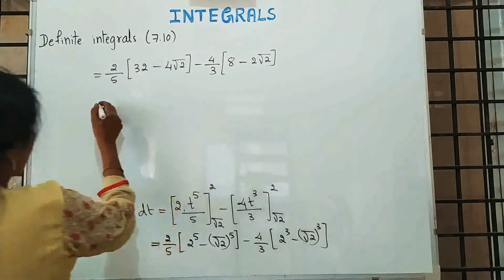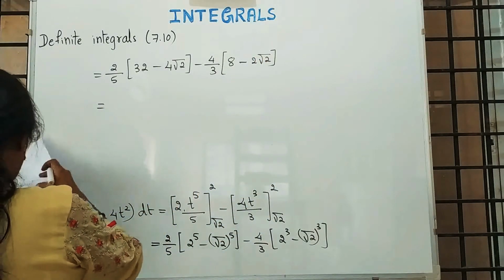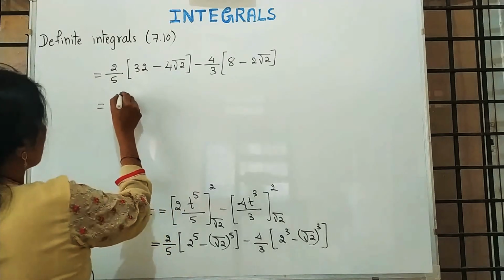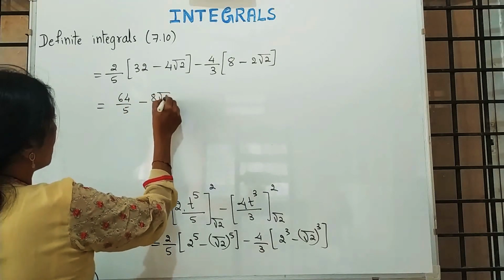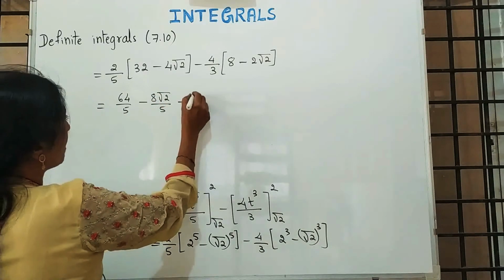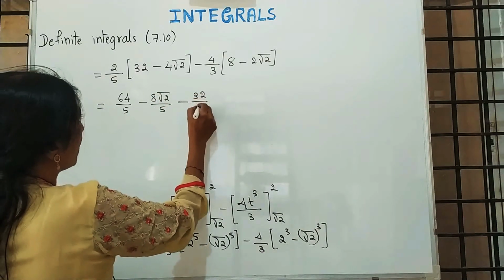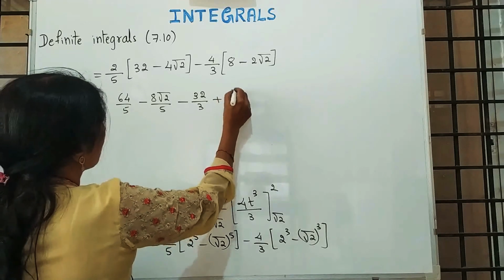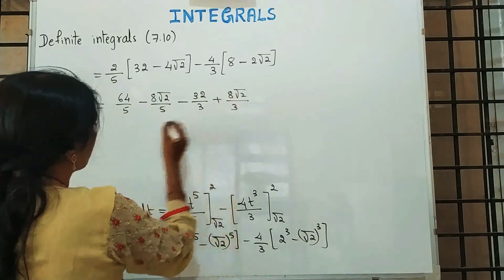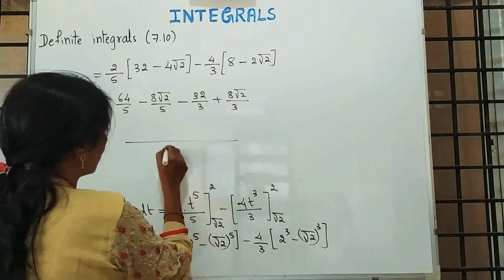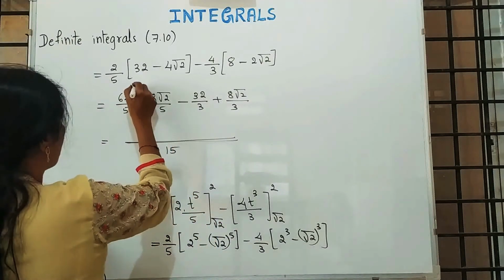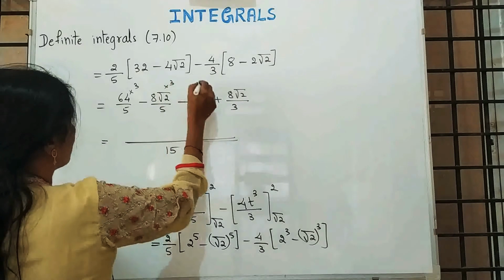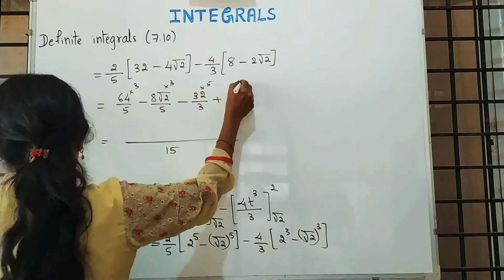So remove the bracket and simplify this. When you remove the bracket, it is 64 by 5 minus 8 root 2 by 5 minus 32 by 3 plus 8 root 2 by 3. Take the LCM. LCM is 15. This is multiplied with 3, this is multiplied with 3, this is 5 with 5.